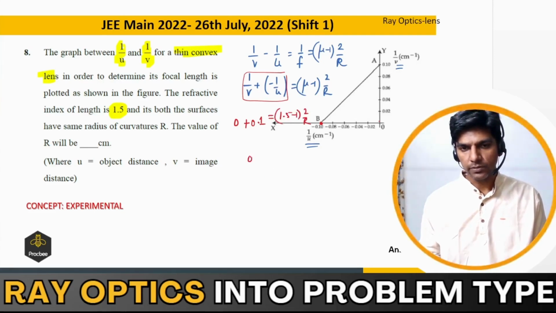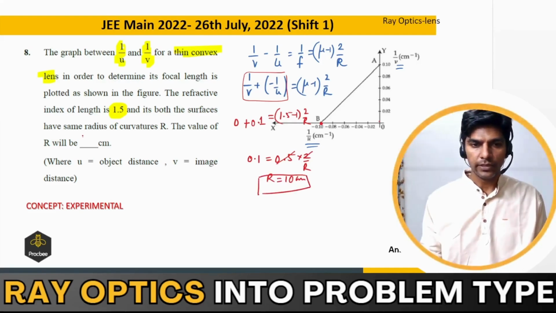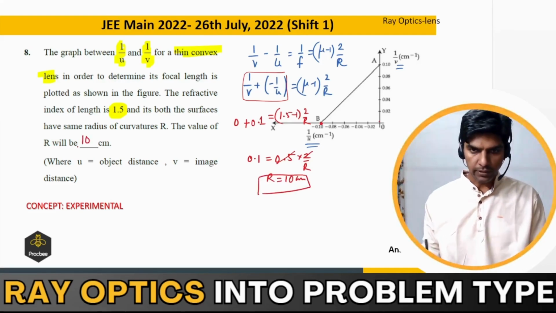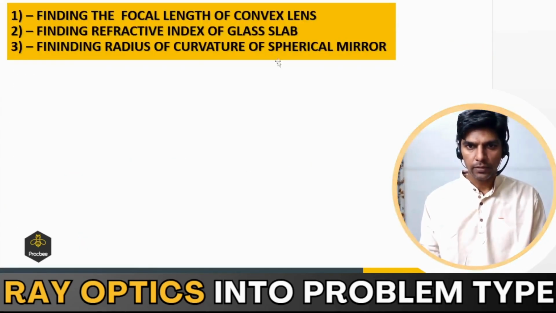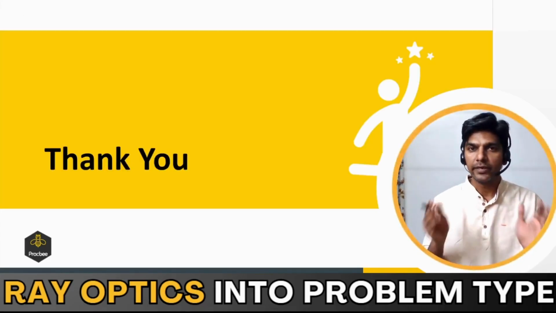Now from this, 0.1 equals 0.5 times 2 by r, and this will give us r equals 10 centimeter, right? So the answer will be 10 centimeter. Okay, just a small correction here. It is not mirror, it is lens, right?